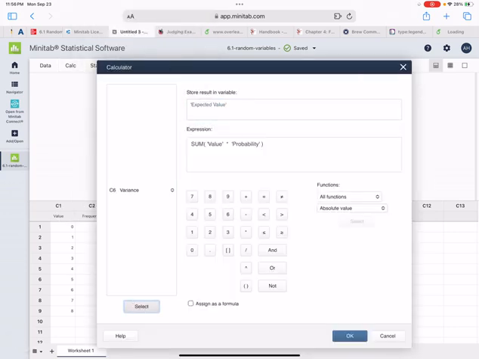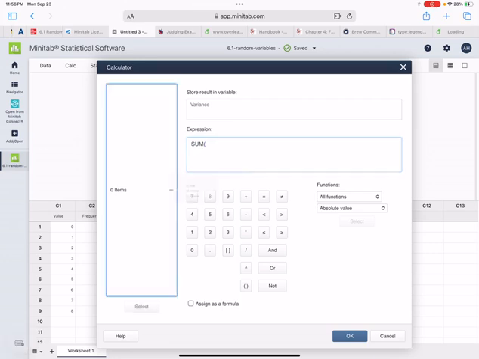The sum of, so we know that it should be the value squared times the probability. All right, so we're going to go to value, and we're going to caret 2, and then times the probability.